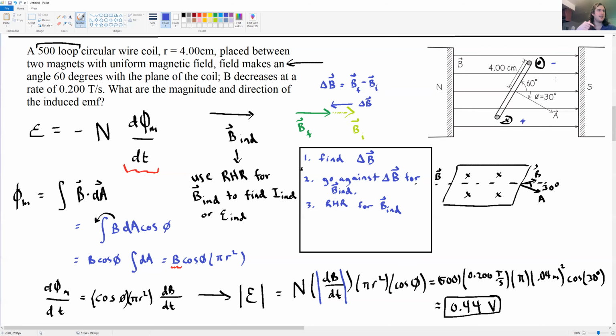Of course, that EMF is continuous all around the coil. Okay, it's continuous all around the coil. And let me just check that for you guys here, just to make sure.